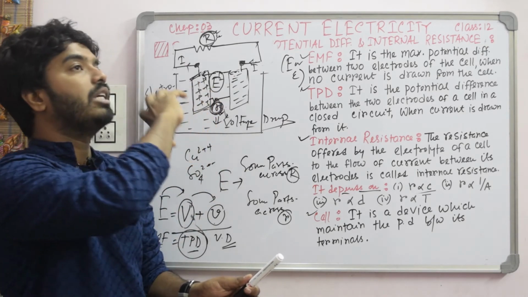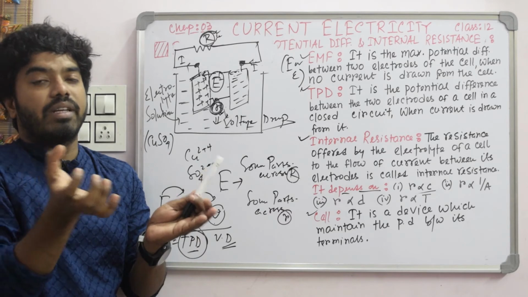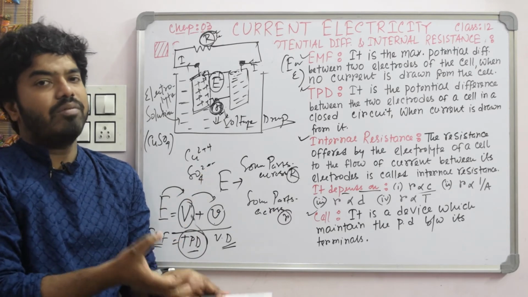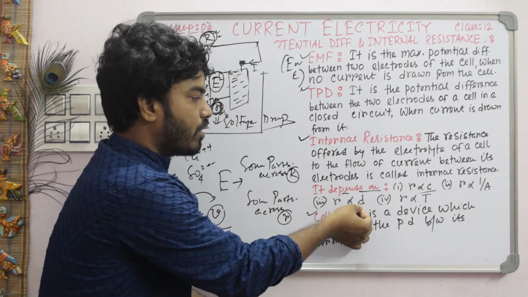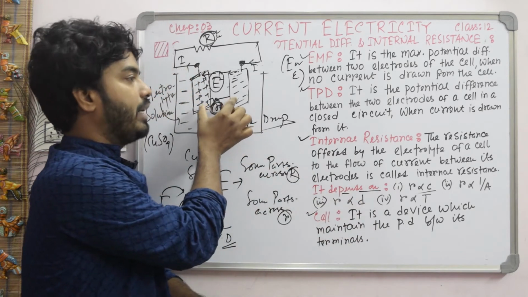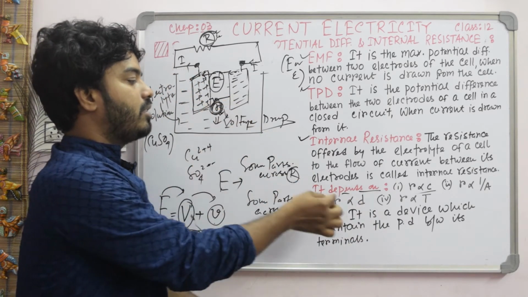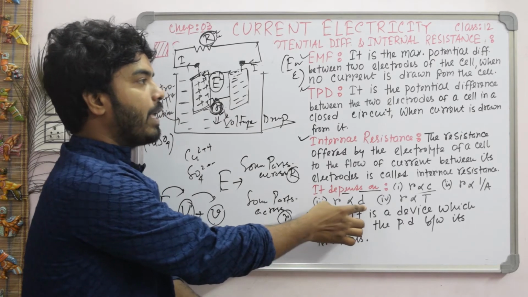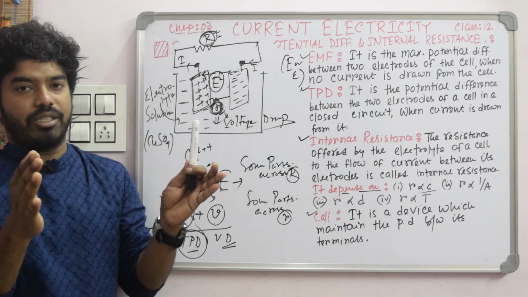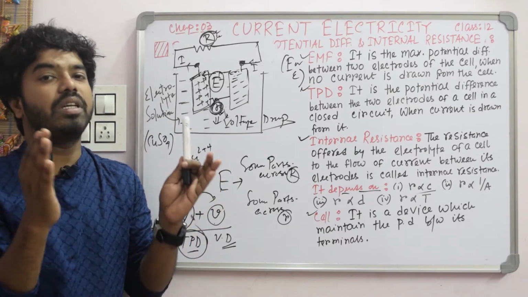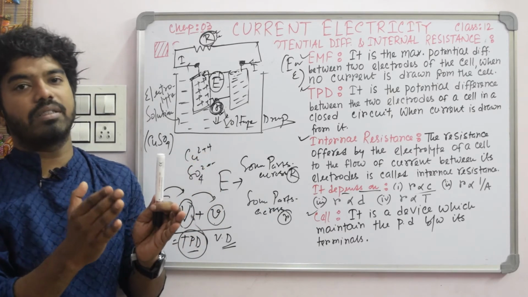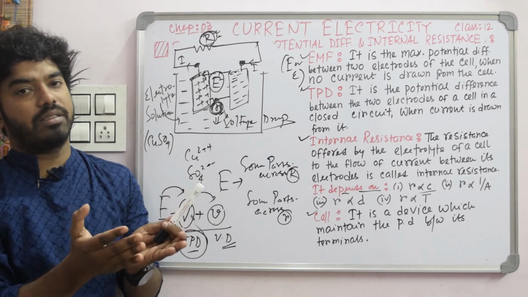When the area of the plate becomes more, the internal resistance becomes less, and vice versa. Third, internal resistance is directly proportional to the separation between the two plates, represented by the symbol D. When there is a large separation between the two plates, the internal resistance becomes more. When there is a small separation, the internal resistance becomes less.